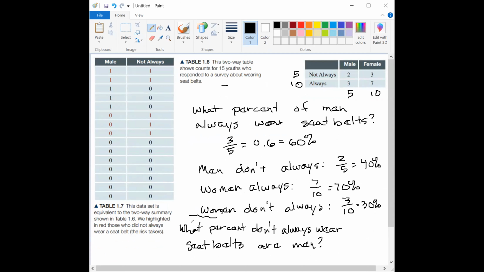And if you had what percent of people who don't always wear seatbelts are men, then that way you'd have 2/5, which is equal to 40%. So you can kind of see, if you're doing a column here, you'd say what percent of men, you'd say this word first, and then you'd say this second, always wear seatbelts.